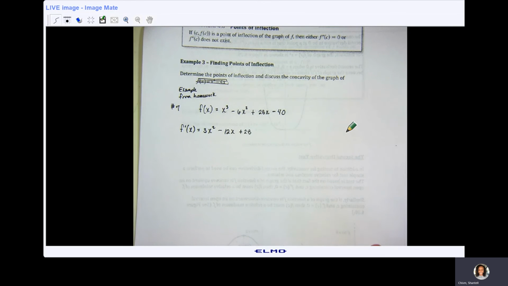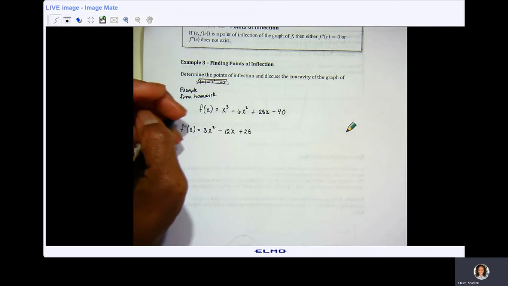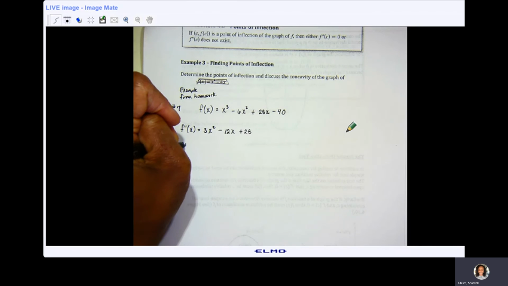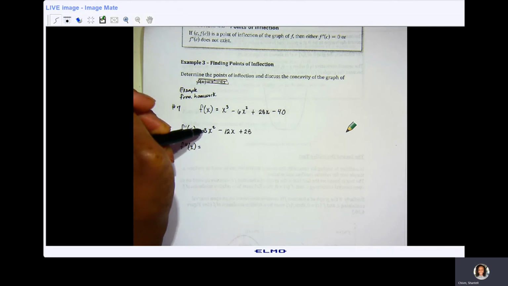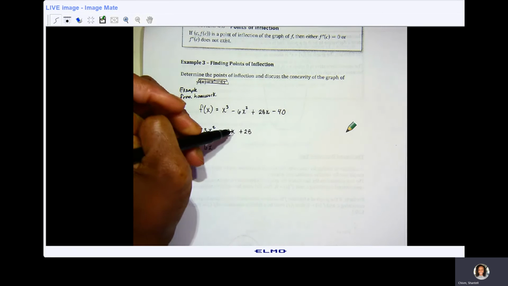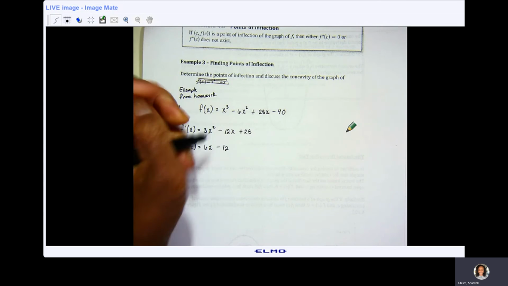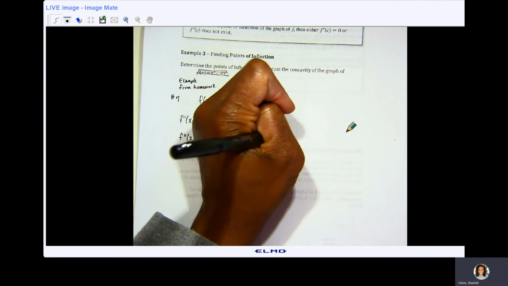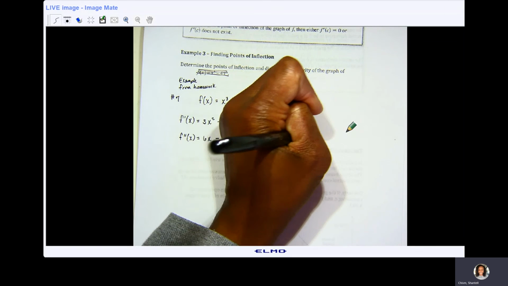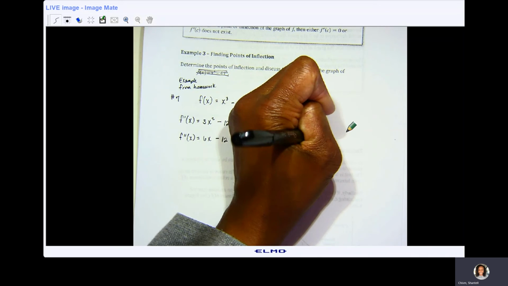Okay? Now we'll take f double prime, and we'll find f double prime. So we'll bring down the 2, 2 times 3, that becomes 6x, and then 12x, that becomes just a minus 12. Okay? So f double prime is continuous everywhere.